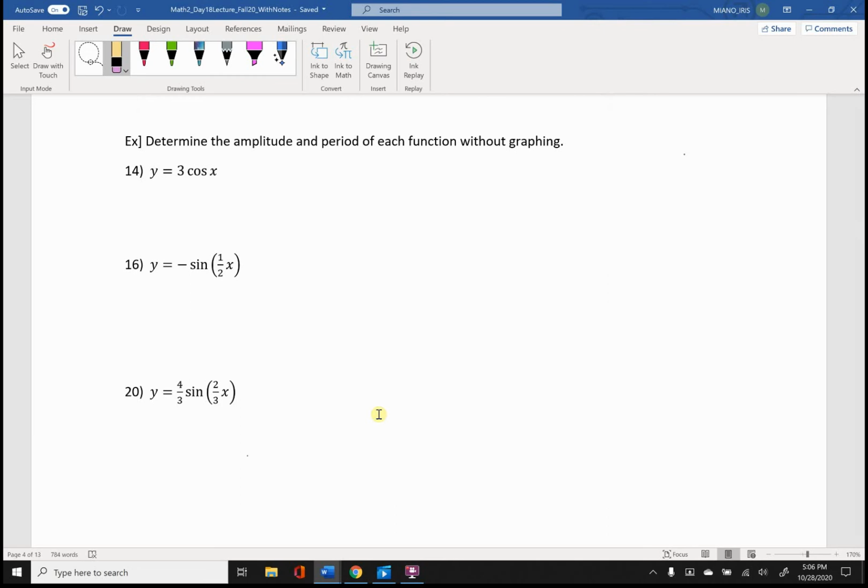Let's start with number 14. And you can see out in front of the cosine function, there's a factor of 3. That is your amplitude. So a equals 3. That was easy, right? Found the amplitude straight away. And the coefficient in front of the x is a 1. That's your omega.